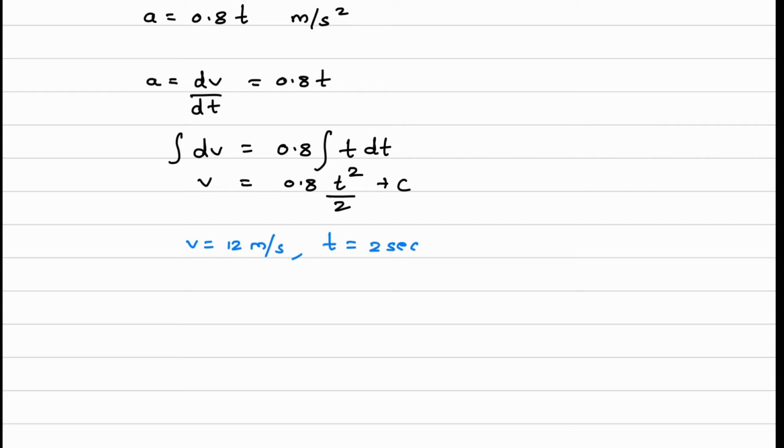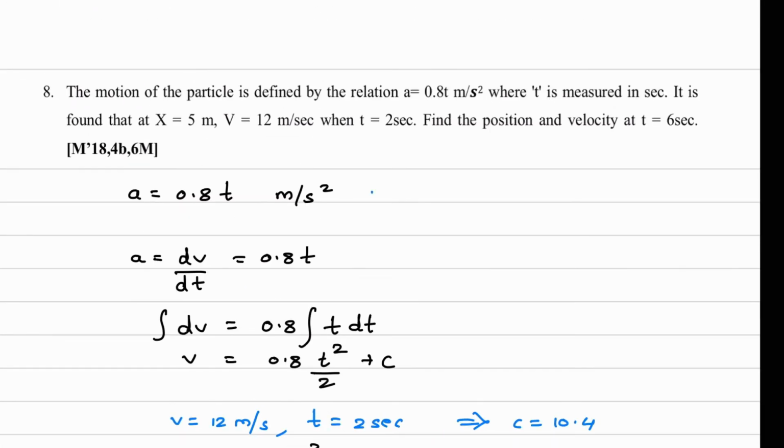So from here, just substitute these values, velocity value over here, time value over here, you will get C. So C value from here, it is 10.4. Velocity is equal to 0.8 t square by 2 plus 10.4. So this is suppose equation 2, and main equation, suppose that is equation 1.